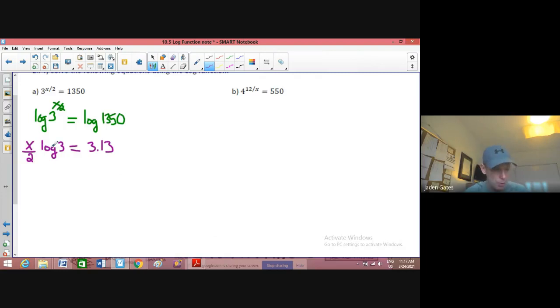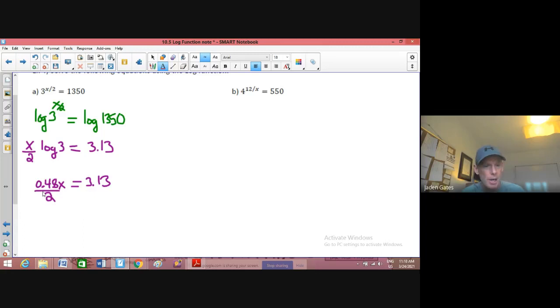So when I put the log of 3 in there, I get 0.48. And again, that log of 3 is times x. Can't forget about my 2 in the bottom. Equals 3.13.